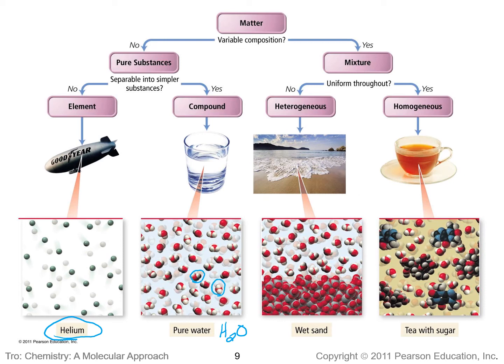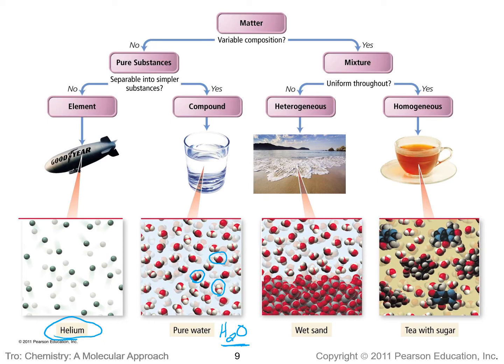Okay, so each one of these is a molecule of water. It is still a pure substance because each molecule is the same as each other, or has the same composition as the ones around it. Okay, but all of those molecules have the same components of 2 hydrogen and 1 oxygen.